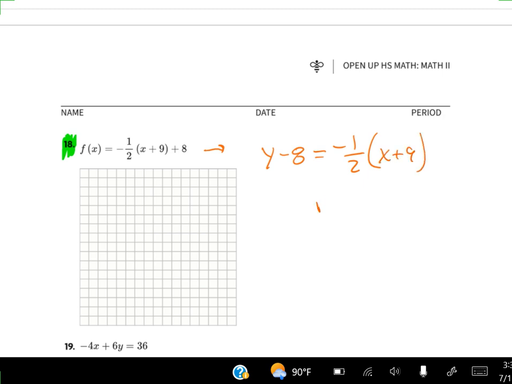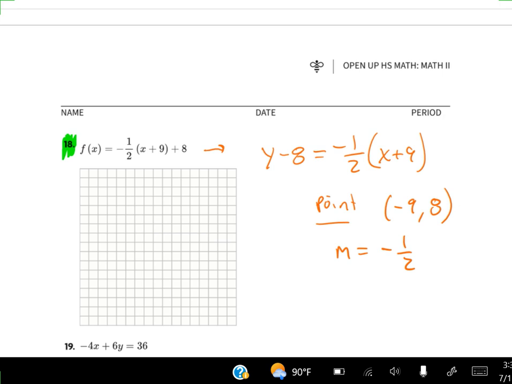So here the point that we're given is going to be at (negative 9, 8). And now we can use this point, and then the slope, which is m, is equal to negative 1/2. So once again, we're given a point, and we're going to use that point and then just work the slope to find other points.